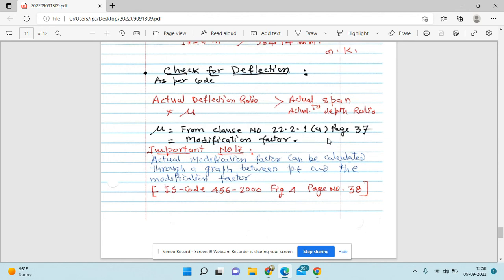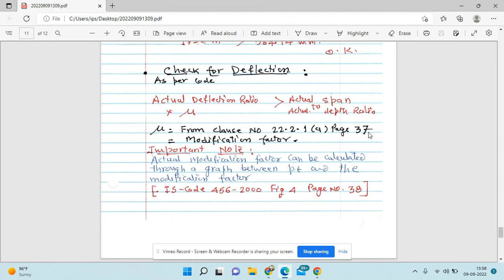shown on page number 37, in which there are various curves. We have to correct the second curve because we are using Fy as 415. So it is to be multiplied by 0.58, already mentioned in the code note on the same page, page number 37.